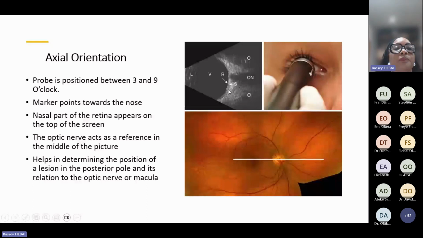You can also do this in the vertical orientation as well, where this probe marker will now be oriented vertically. That is the vertical axial scan.